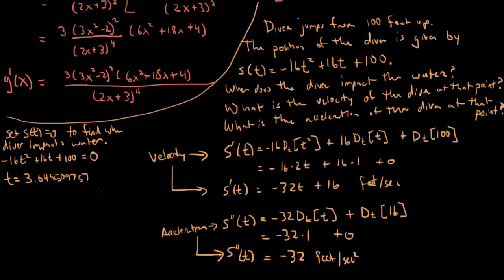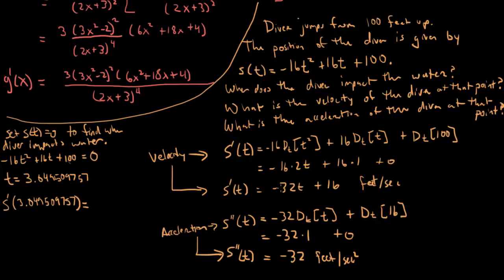Now, to find the velocity at the point of impact, we just evaluate s prime at this t value. So s prime of 3.04950977577 equals, okay, sorry about the space here. We just plug into this function here.